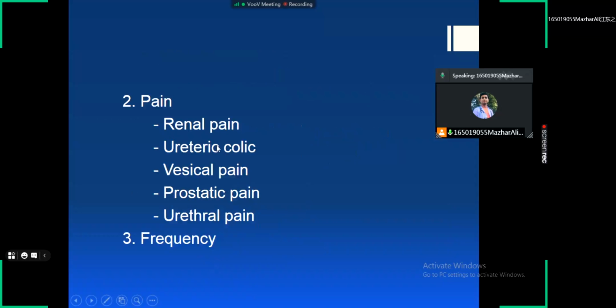Then pain. What are the causes of pain in the renal system? First of all, there is renal pain and ureteric pain, like ureteric colic from a stone or any inflammation going on inside the ureter.